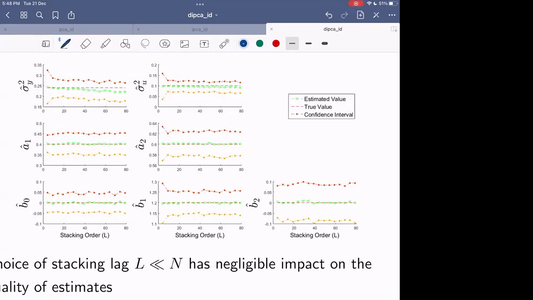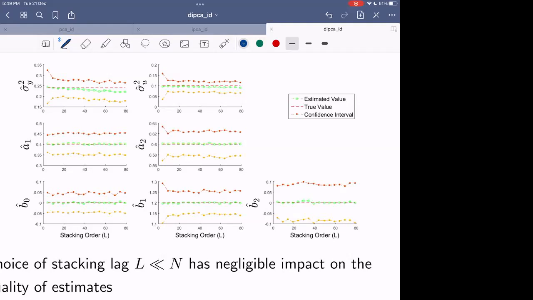But I must say that the max L that we have chosen is still much less than N. Of course, if you choose stacking order L very close to N, you will obviously get terrible results, but you should not be doing that because that's a terrible choice for L. Remember, L has a meaning. By specifying a value of lag L, you are implicitly giving your guess of the order of the process.